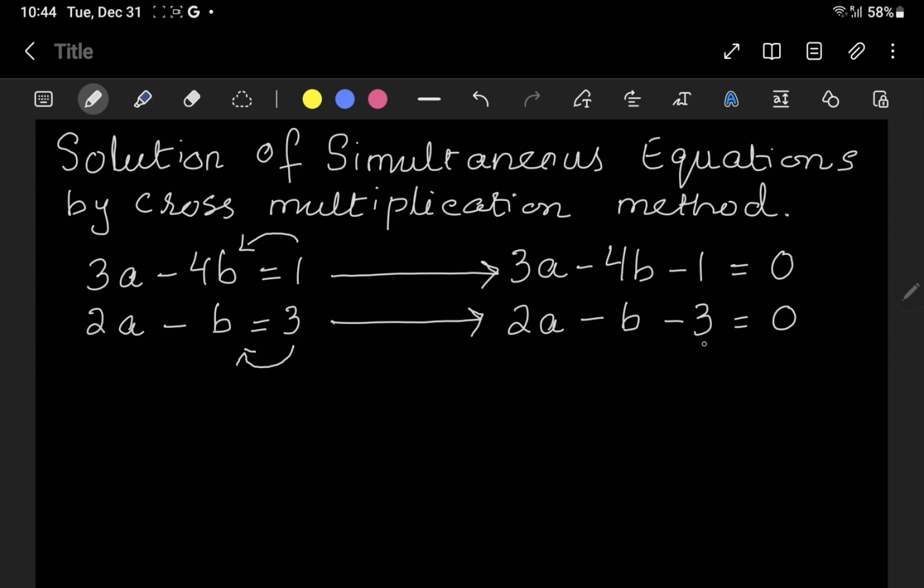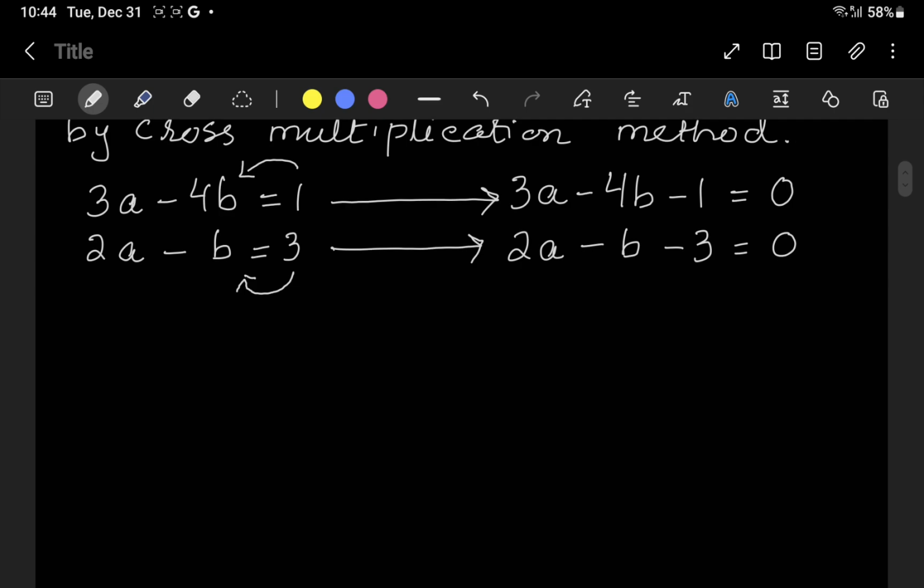We have to consider the coefficients of these equations with their signs. We write 3, minus 4, minus 1. Again we repeat the numbers 3, minus 4, minus 1.